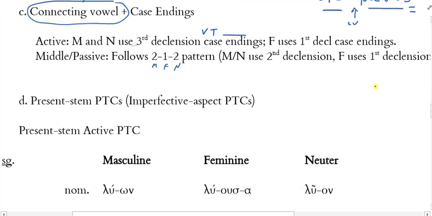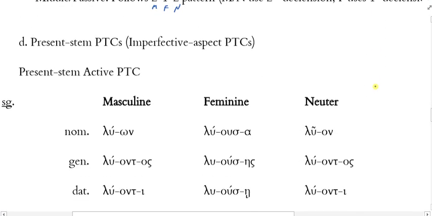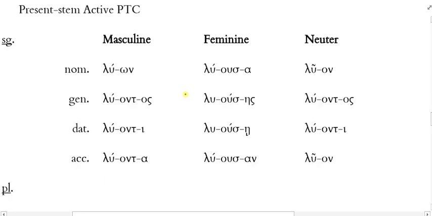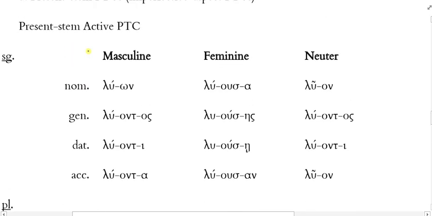Okay. Let's take a look real quickly at the present stem participles, or the imperfective aspect participles. These are the ones that are going to indicate action as unfolding in time. What we're going to do is take the stem lu, which is our present stem.